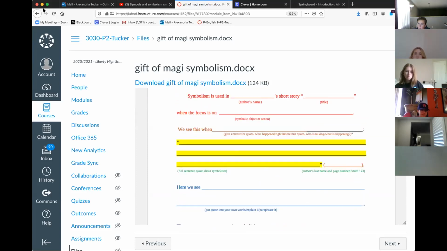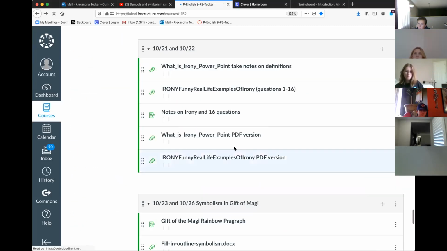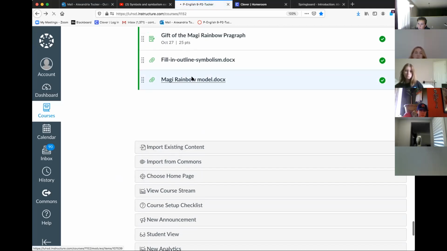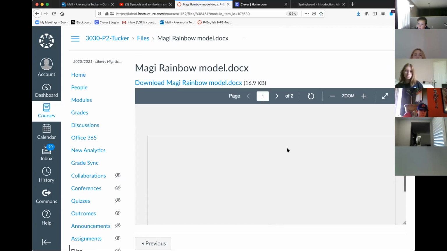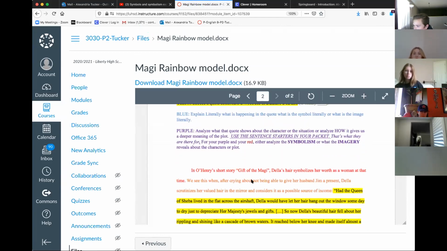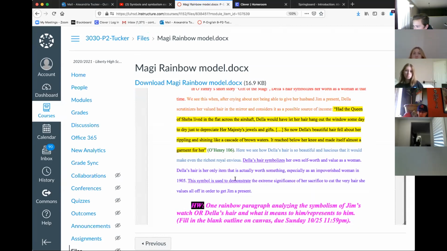The last thing in the module is a model, a sample paragraph, as well as the notes that we took, some more directions on exactly how to do the paragraph, and the prompt itself. I'm going to pull that up on my Word so I can see it a little better, and we'll go over the sample paragraph, and then you guys will be good to go.